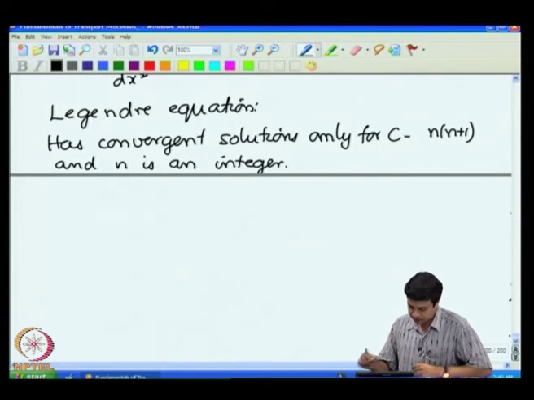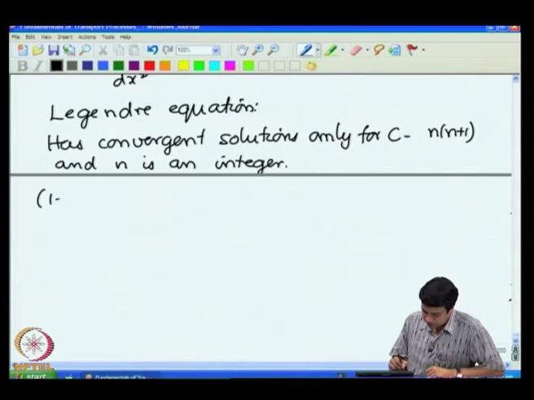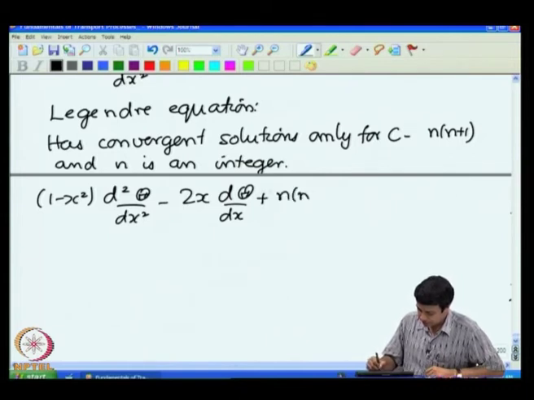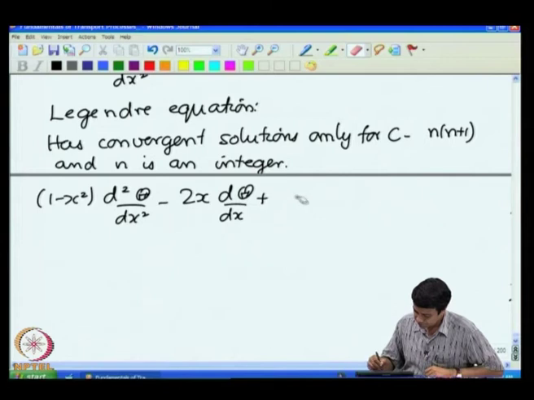So let us take this equation, 1 minus x square d square theta by dx square minus 2x d theta by dx plus n into n plus 1 theta is equal to 0.